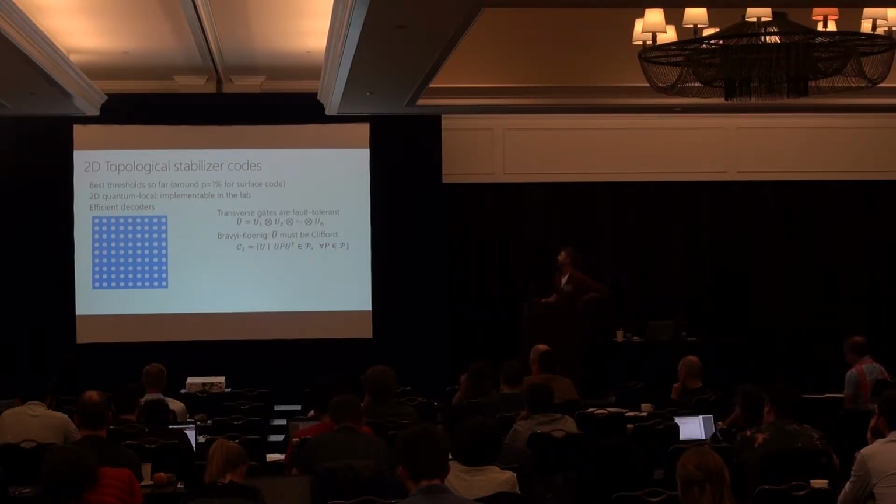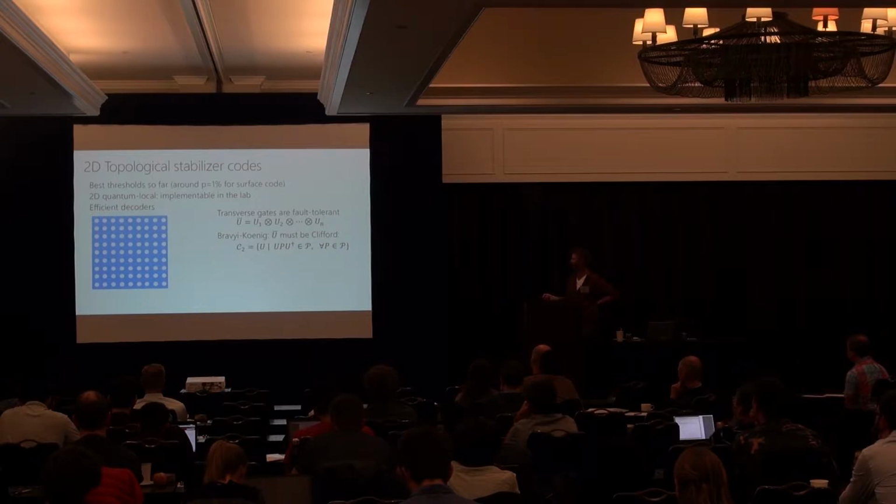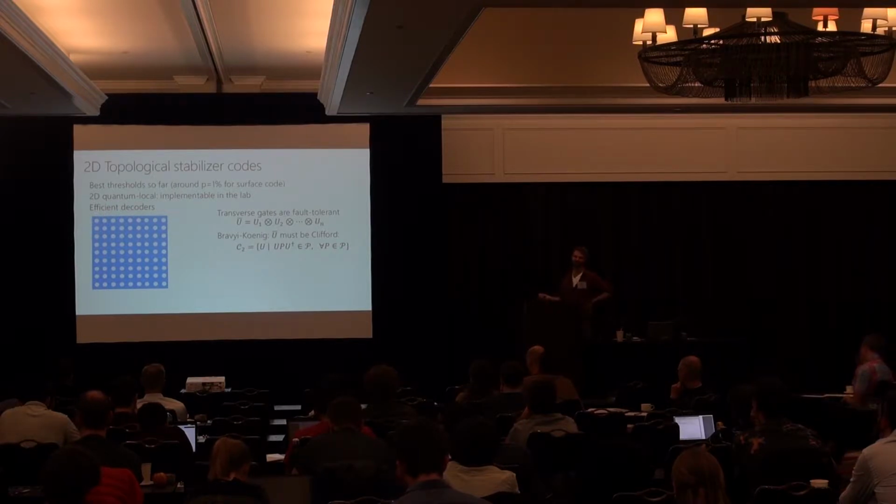In these two-dimensional topological stabilizer codes, the transversal gates, which are automatically fault tolerant and the most useful gates we could think of using, don't have the full power we would hope for in a quantum computer.